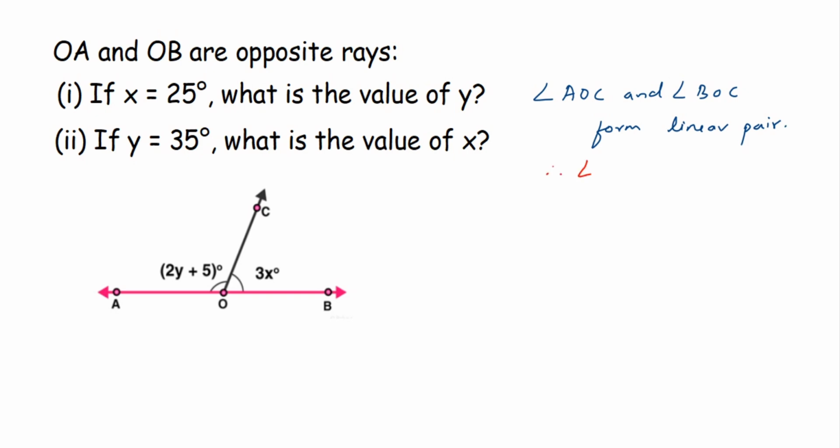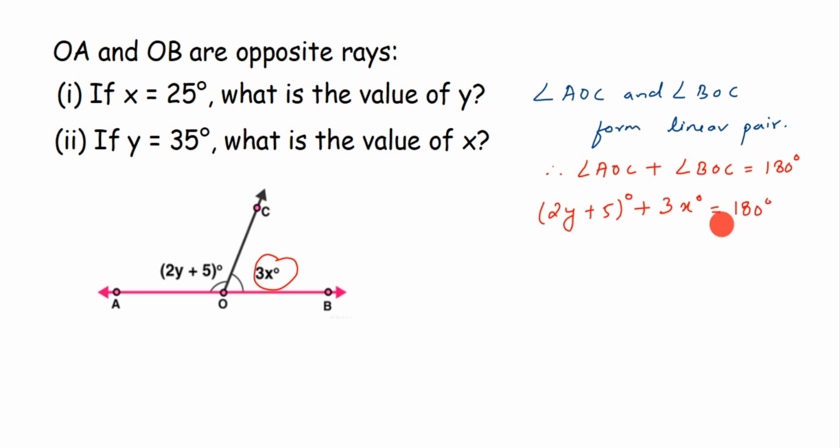Therefore, angle AOC plus angle BOC is equal to 180 degrees. Now, what is angle AOC? It is (2y plus 5) degrees, plus BOC, which is 3x degrees, is equal to 180 degrees. This is the general equation.